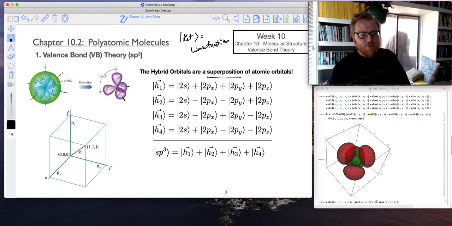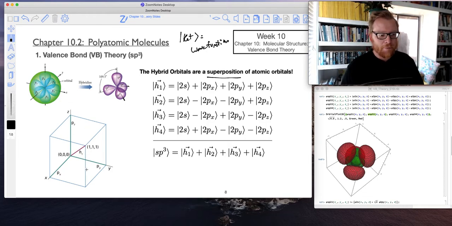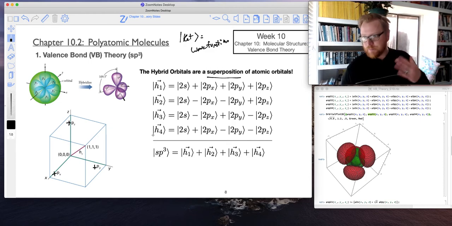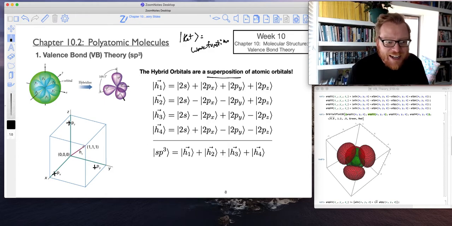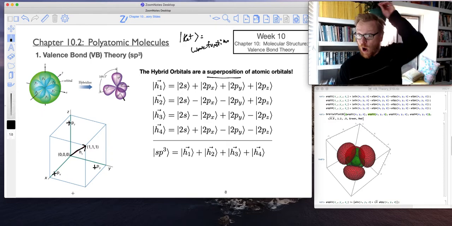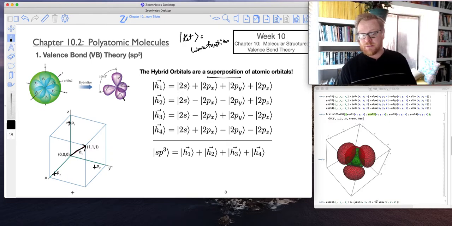If we were to now graph this in our XYZ coordinate system, the positive px, the positive py, and the positive pz, and of course we know 2s has regions of positive and negative because it's spherically symmetrical about the origin, then what we would get is this H1 going into this positive coordinate region, right? So it's going to be all positive. Positive x, positive y, positive z.